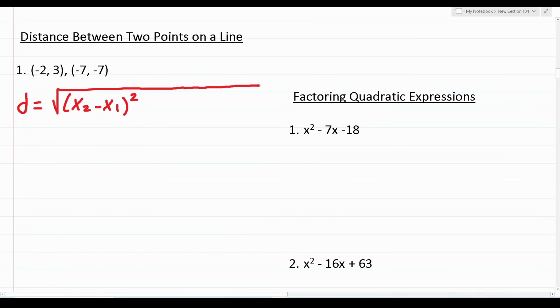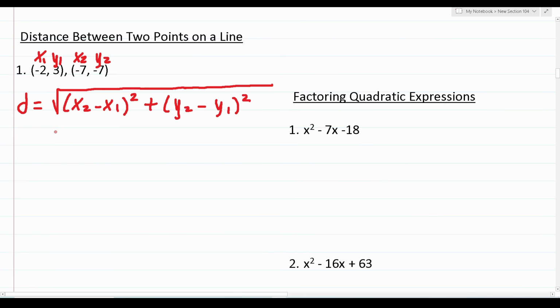That is the horizontal difference between the 2 points on a line, plus y2 minus y1 squared. That is the vertical distance between the 2 points on a line. And as it happens, x1, y1, x2, y2 are simply values that you get from your ordered pairs. So again, this would be x1, y1, x2, y2.